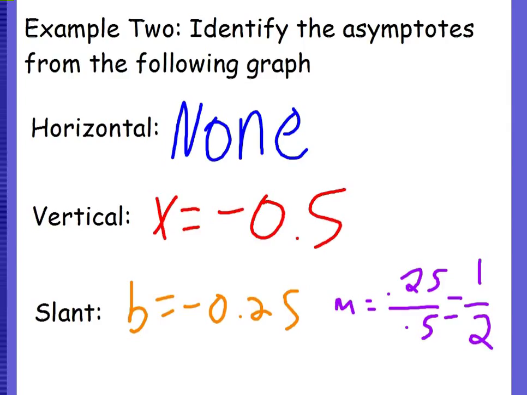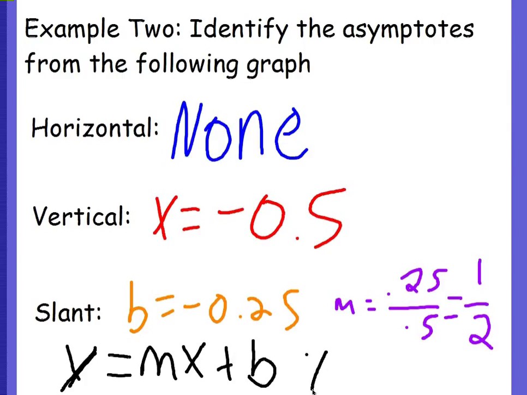Now the final piece of the puzzle, what's the equation for a line? Well, no, not like in general. Yes, both of you are right, but I just wanted to write out the general formula. Y equals mx plus b, which means in this case, y equals negative 0.25 x plus... Oh, you're right.